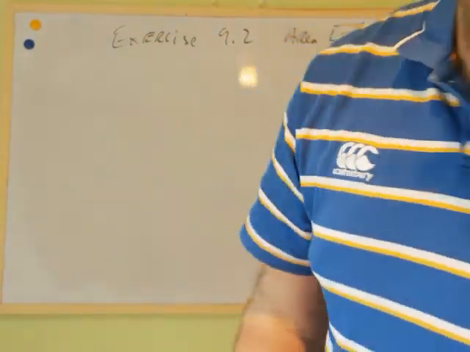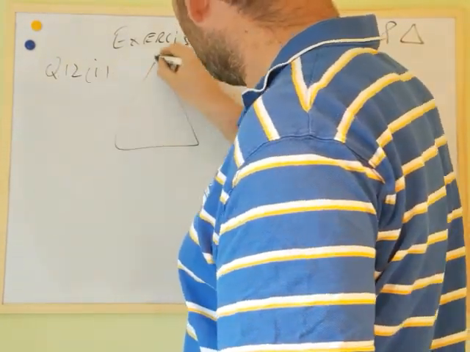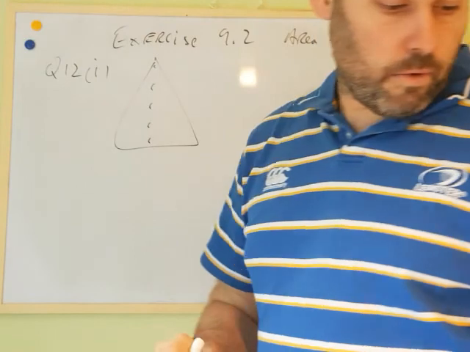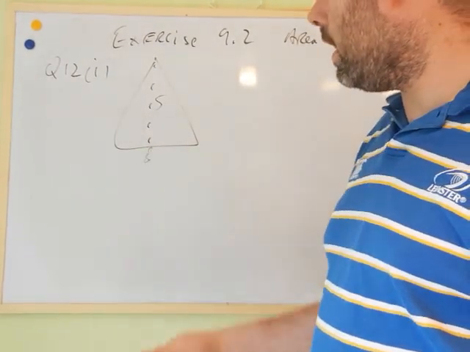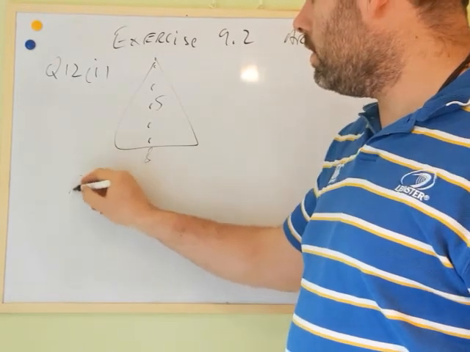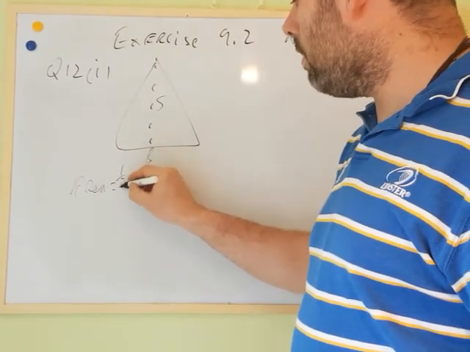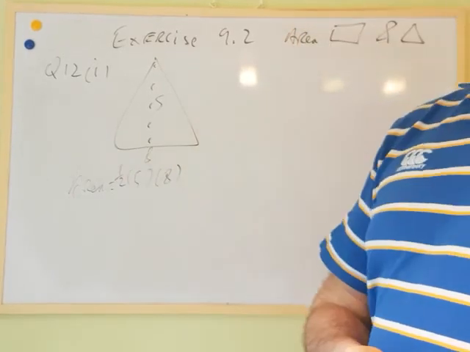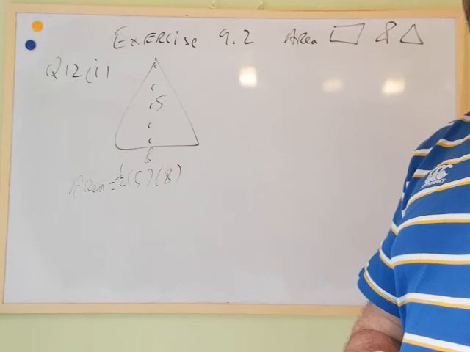Question 12. We have a triangle. It has a perpendicular height of 5 and a base length of 8. So the area is going to be 5. I can't remember. At the start of my video, did I say base by height? I think I did. That was a mistake, folks.